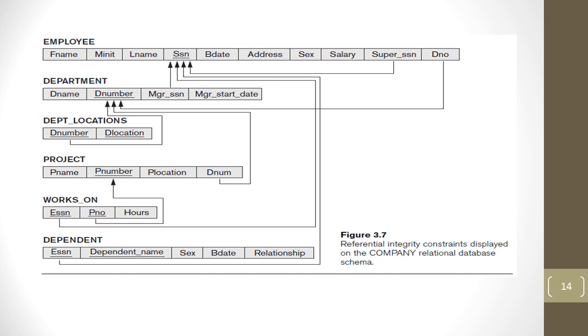So you can see the arrow points from the foreign key to the primary key. So that D number is appearing in 3 different relations: the employee relation, the project relation, and the department locations relation.